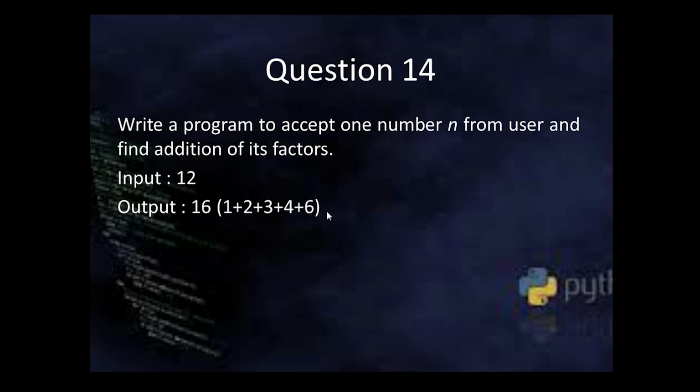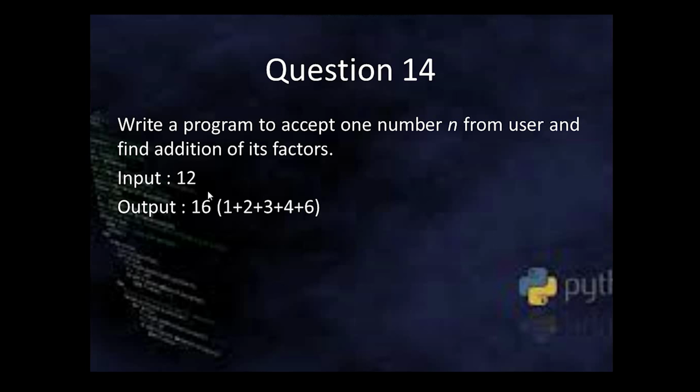Now you may say, what are factors? Many might be knowing because it's a basic mathematical term. But still, for your information, factors are those numbers which start from 1 and are less than the given number, that is from 1 till n minus 1, but such that your number is divisible by all those numbers.